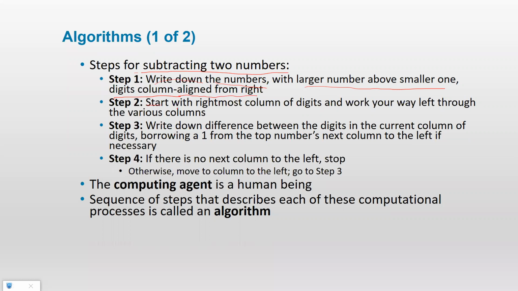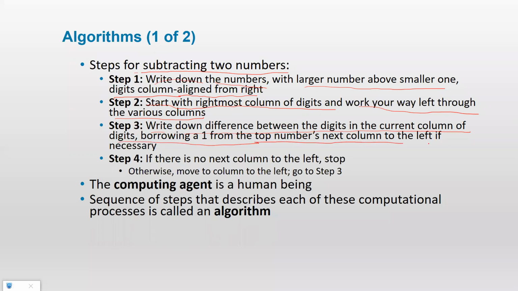And then step 2, start with the rightmost column of digits and work your way left through the various columns. You see, it tells you first you start from the right, and then you work your way to the left. And write down the difference between the digits, and so on, right?